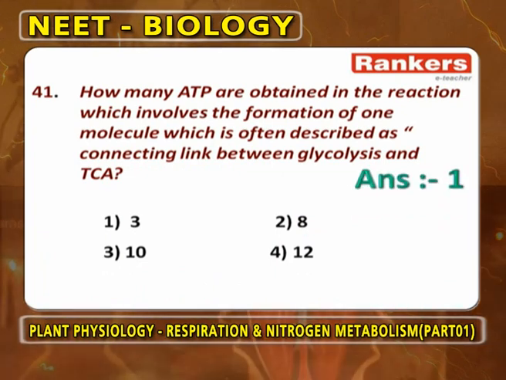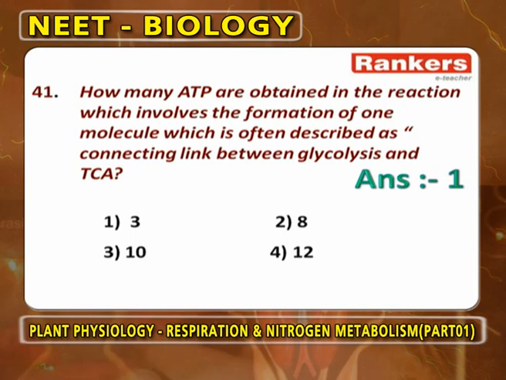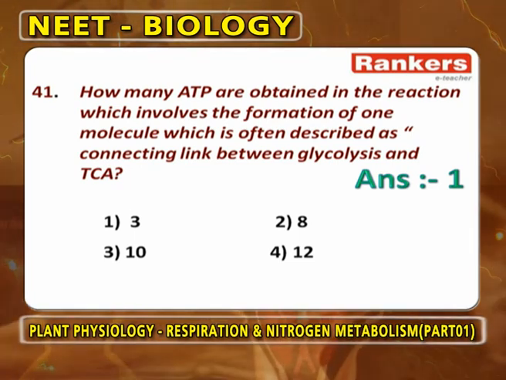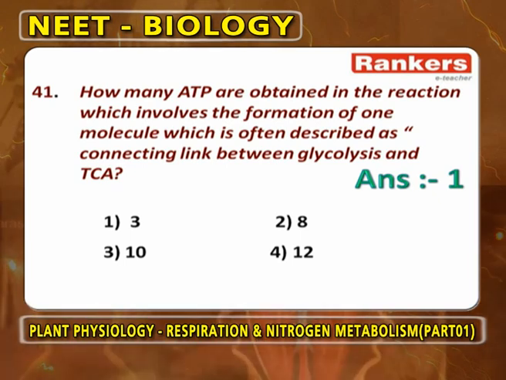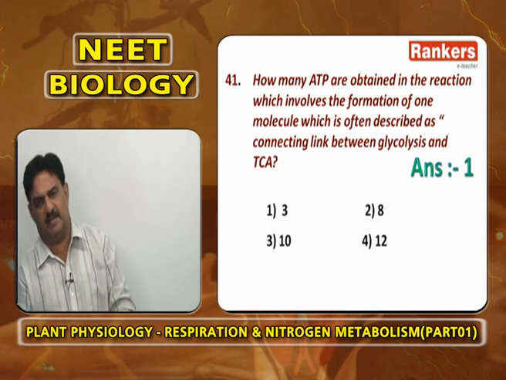How many ATP are obtained in the reaction which involves the formation of one molecule which is often described as the connecting link between glycolysis and Krebs cycle? Whenever the connecting link occurs, pyruvic acid converts into acetyl coenzyme A, and this is equivalent to 1 NADH2.